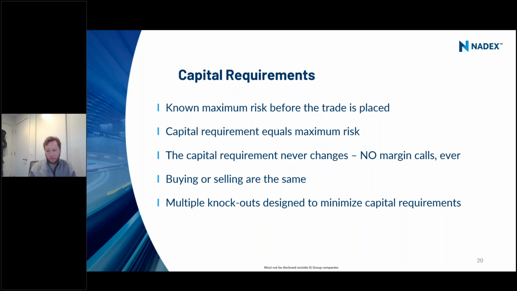For example, let's say you trade futures and you are trading a US 500 contract. To get into a Nadex knockout and experience one-to-one movement with the underlying market, you only have to pay what is trading currently in the market versus what the floor is, if you want to be on the buy side.